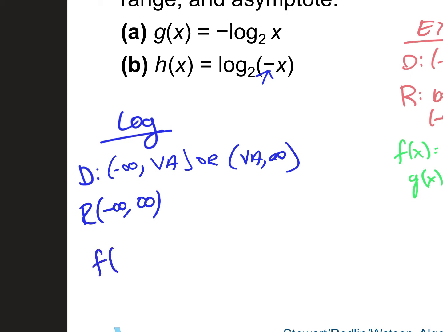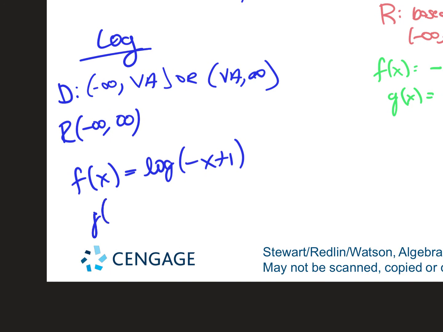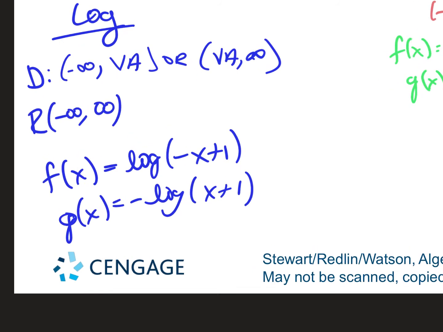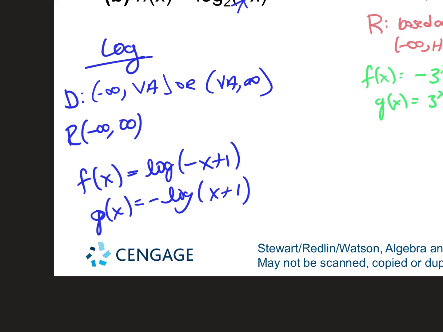You'd have a function like f of x equals log of negative x plus 1, and then a function g of x equals negative log of x plus 1. Where is the reflection that makes a difference in your domain here? Right, inside. Your domain here would be negative infinity to the vertical asymptote.